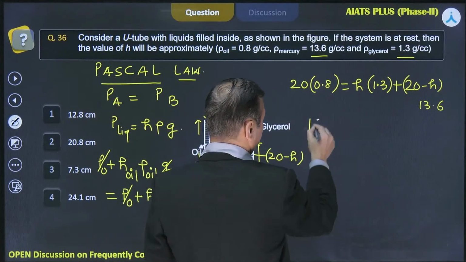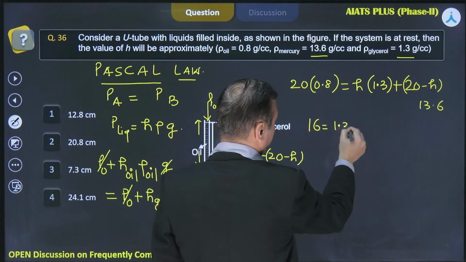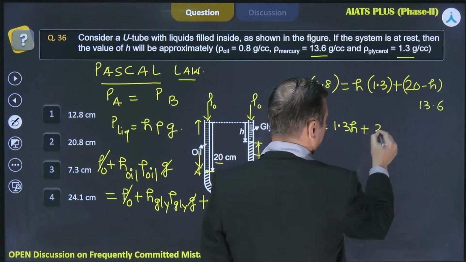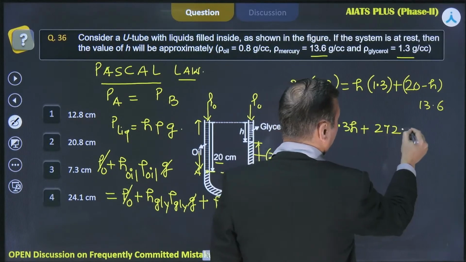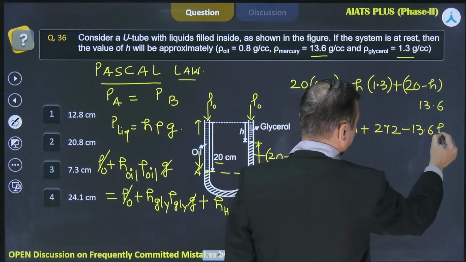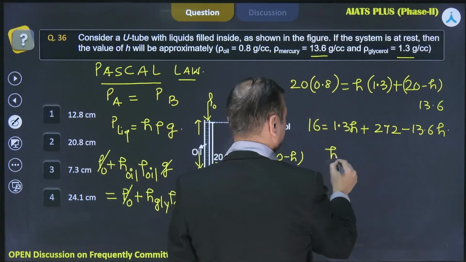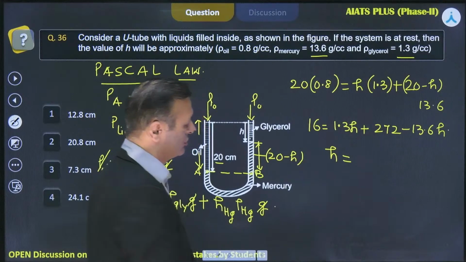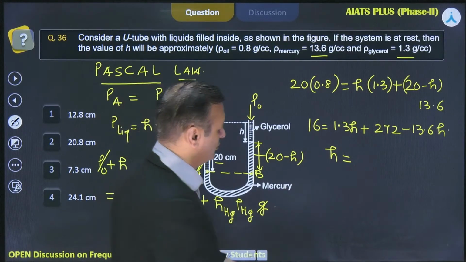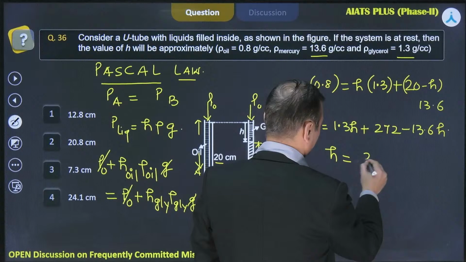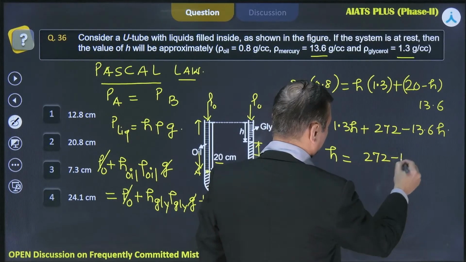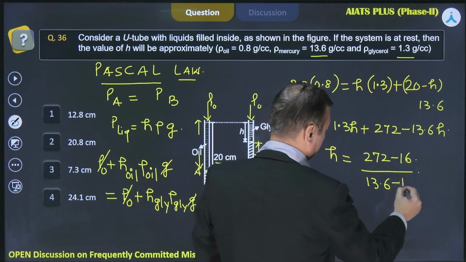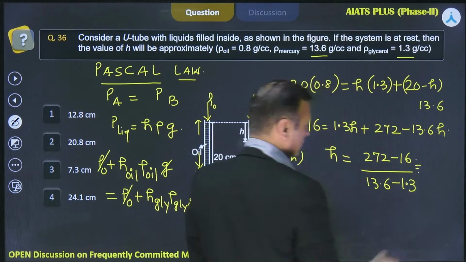This is 16. This is 1.3 H. When you multiply this with this, that gives you 272 minus 13.6 H. And then that way you have to calculate your H. So what this H is there? So this is 272 minus 16, and on this side 13.6 minus 1.3.